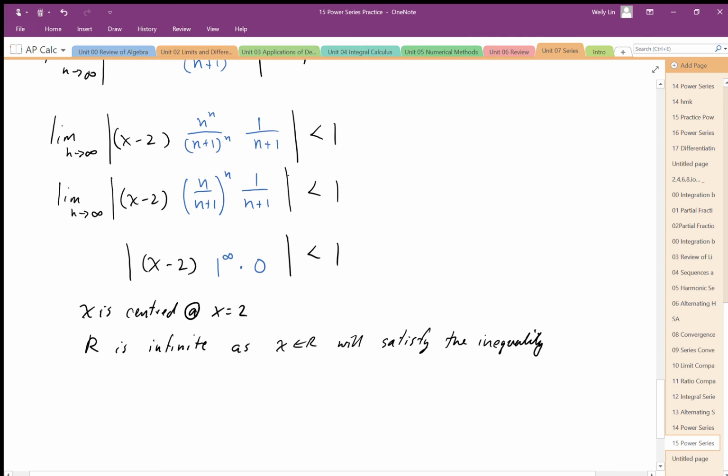So the interval of convergence then becomes infinite. The interval of convergence is going to be from negative infinity to positive infinity. Okay, so there we go.